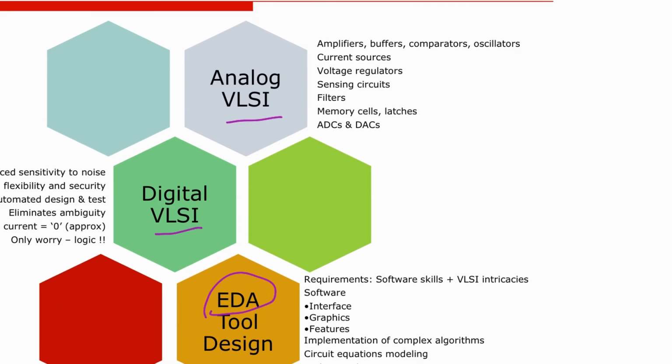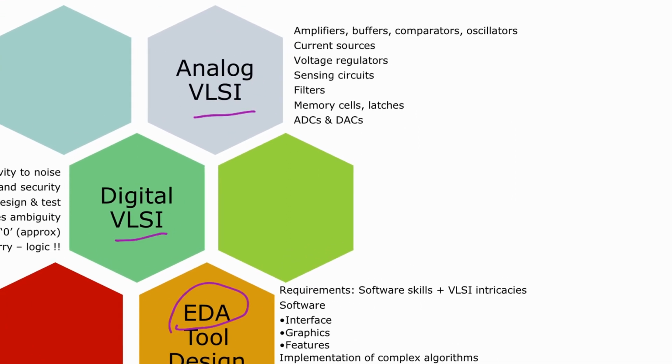For analog VLSI design, you will need a completely different skill set of designing smaller components from transistor devices and putting them together, characterizing them, tuning parameters, etc. Some examples of analog VLSI design are these.